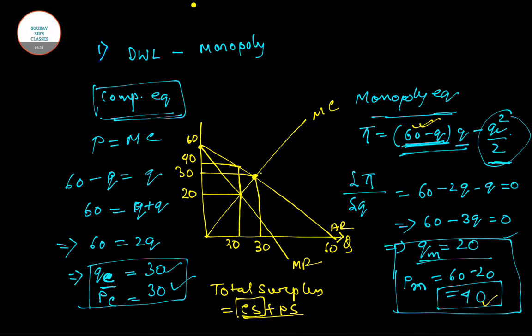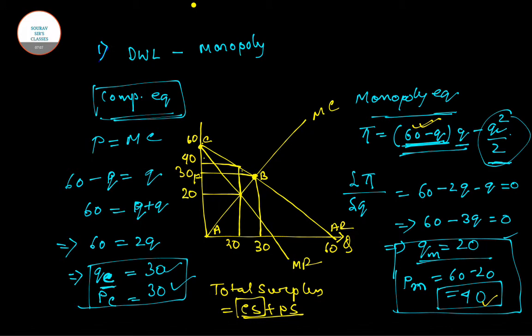So now if you simply draw it, the triangle BCF. So consumer surplus under perfect competition will be this area, that is BCF, and producer surplus will be AF. So producer surplus will be A, F and B. We know consumer surplus is the area below the demand curve, which is the AR curve, and above the price line.